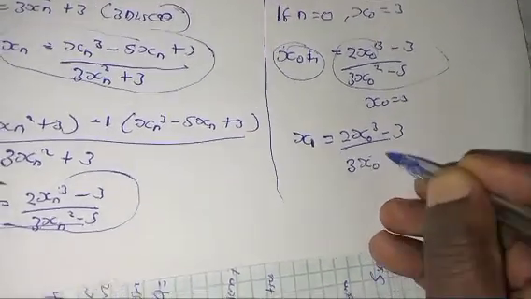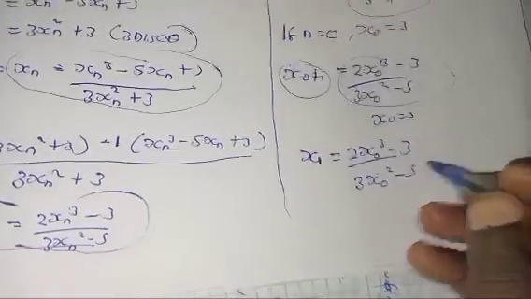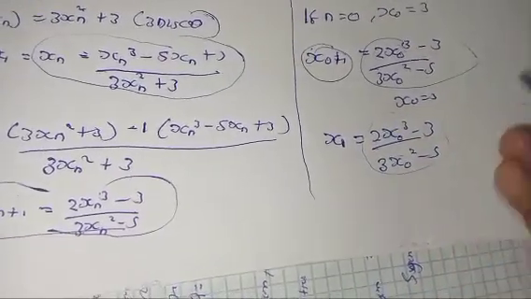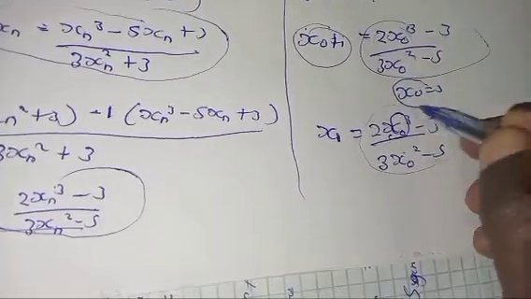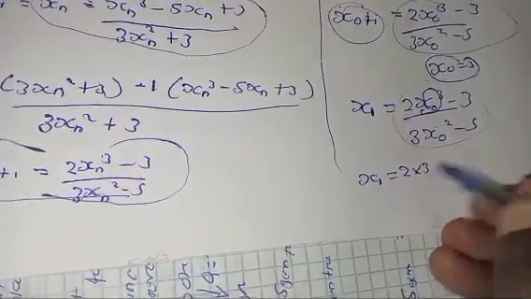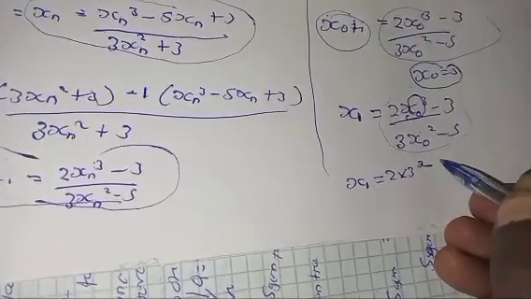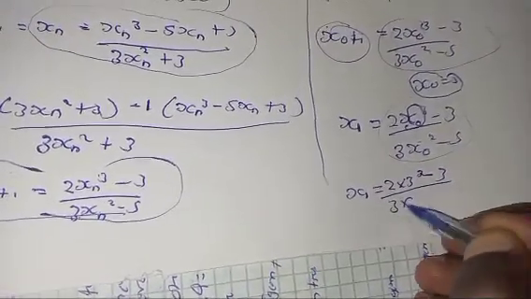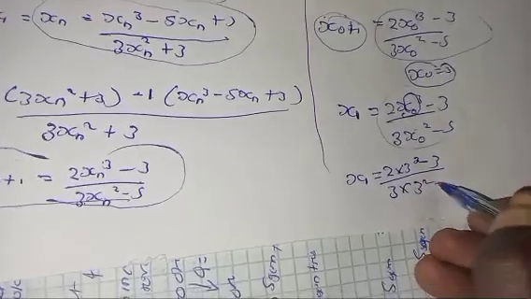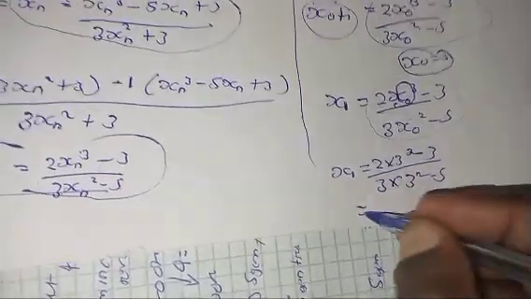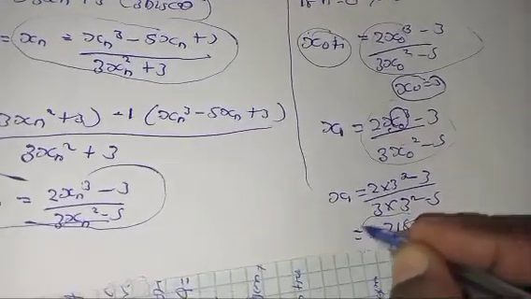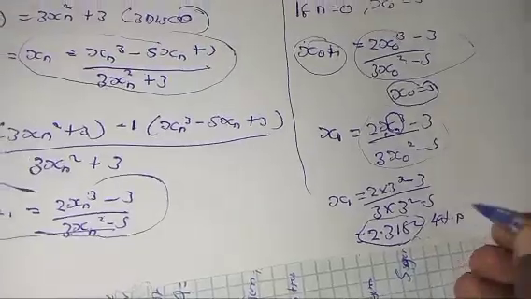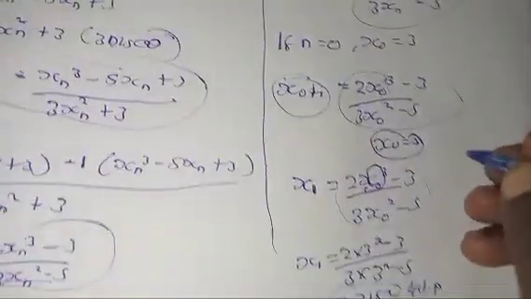So if you substitute, x_1 is equals to 2 times 3 cubed minus 3 all over 3 times 3 squared minus 5. If you calculate on your calculator, you find it is equals to 2.3182 to 4 decimal places. This is the first approximation.